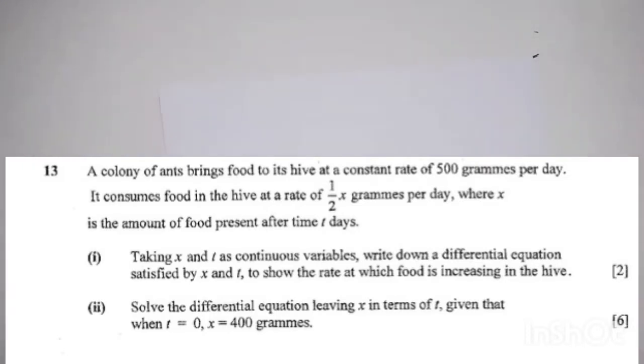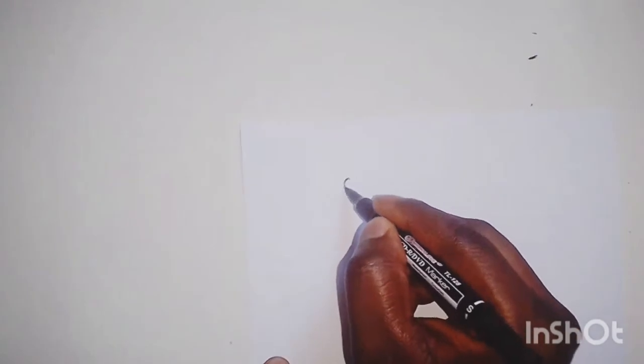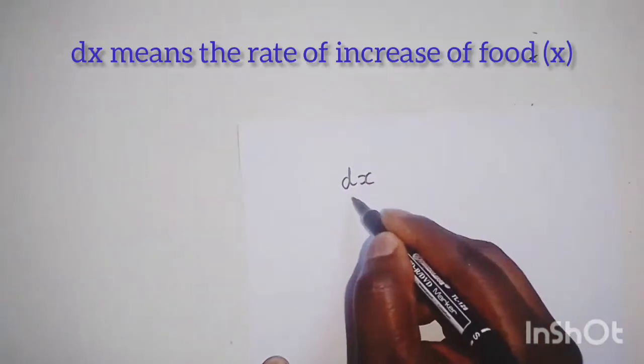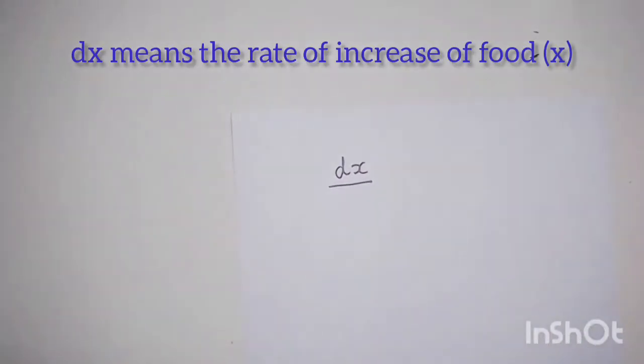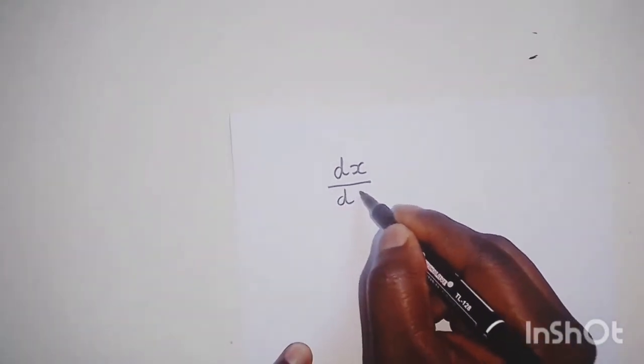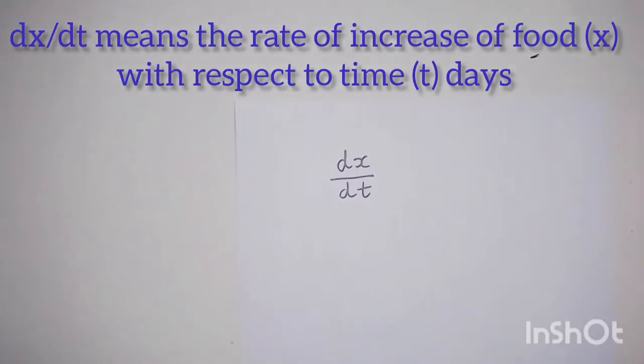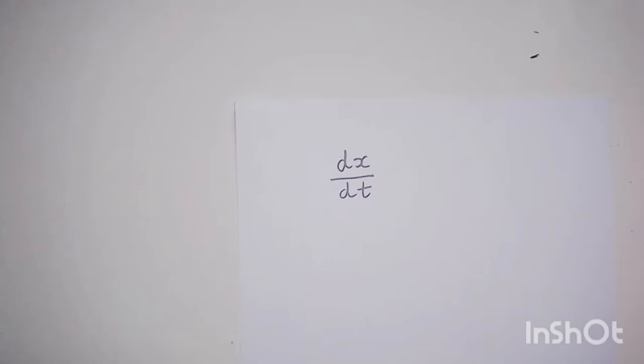So what you need to do, you have to write dx over dt. dx means the rate of increase of food, then you divide it by dt, where time is being denoted by the small letter t. Right, so I'm going to write dx over dt as a positive differential coefficient.